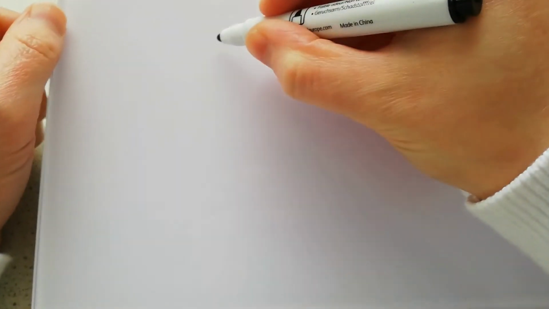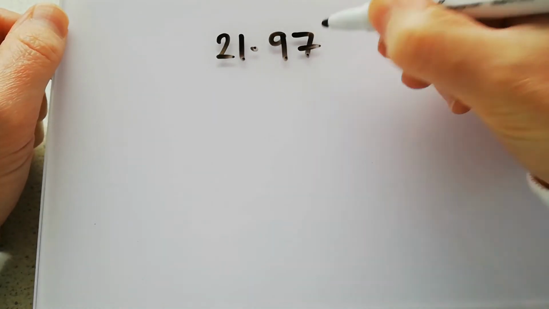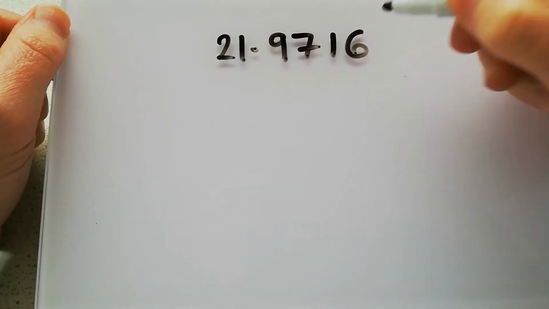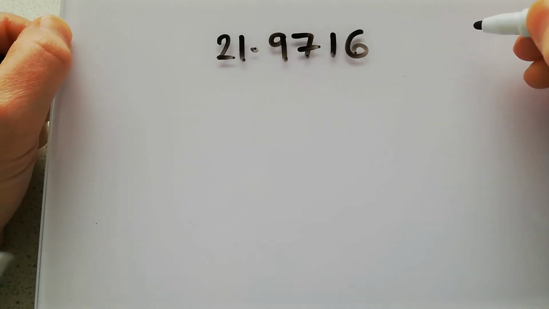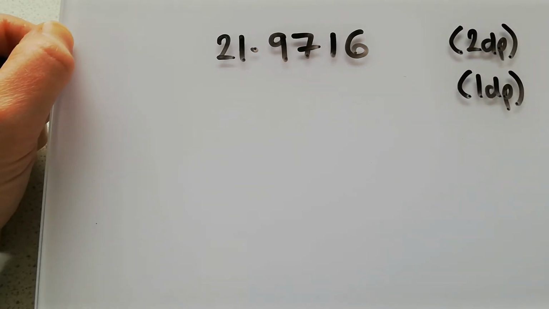So I'll give you a couple more to try. If you do 21.9716, round that to 2 decimal places first of all, and then round it to 1 decimal place after that.